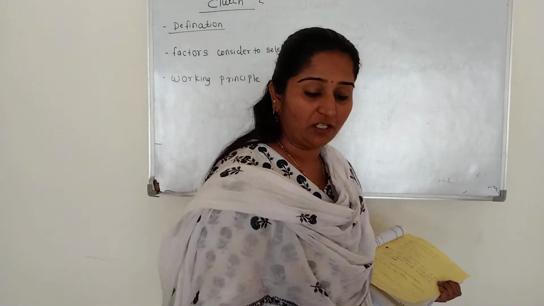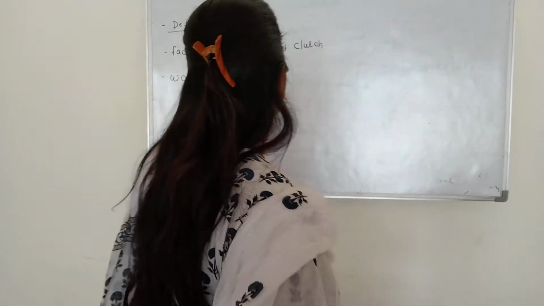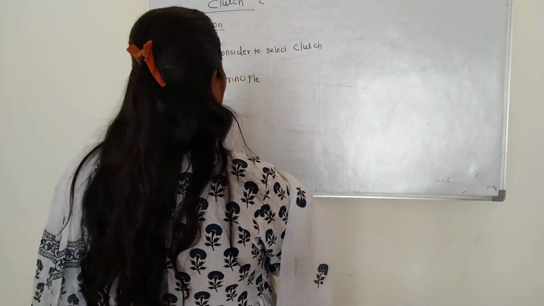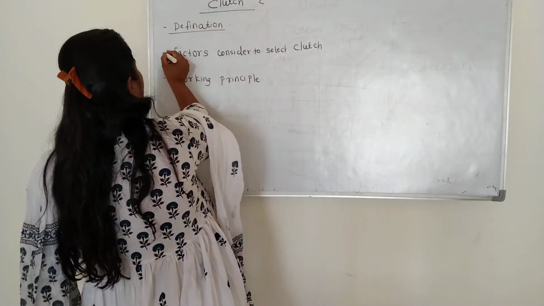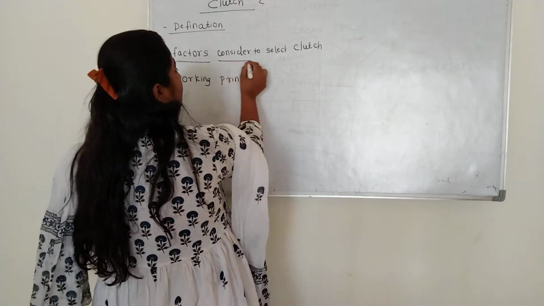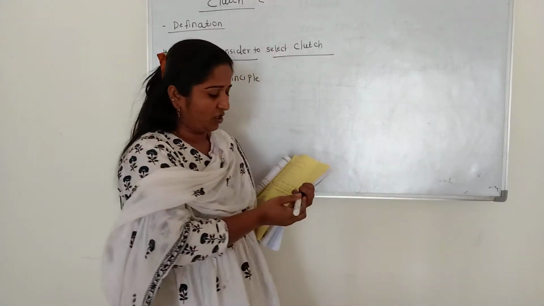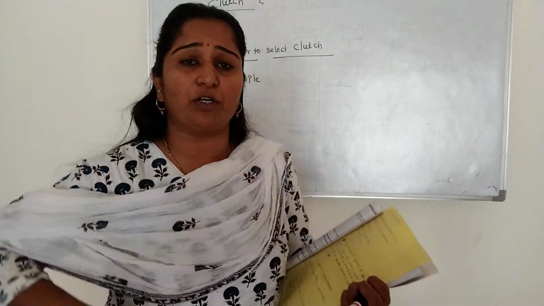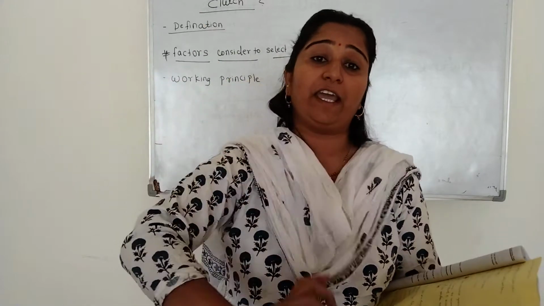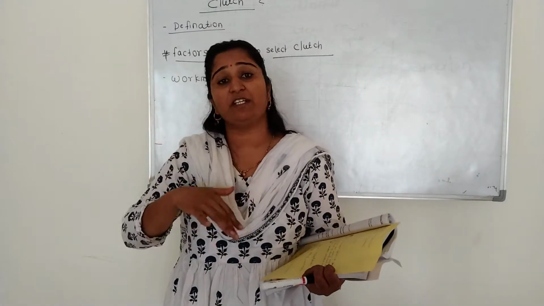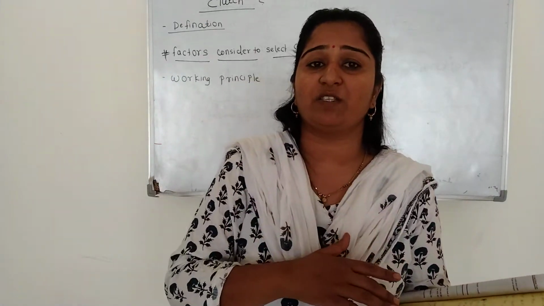Now, what are the factors considered during selection of the clutch? Second topic: factors considered to select the clutch. It has a very important role in the vehicle, as it transmits the rotary motion between the engine shaft and the transmission system.